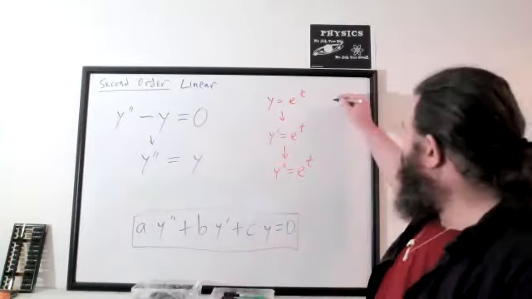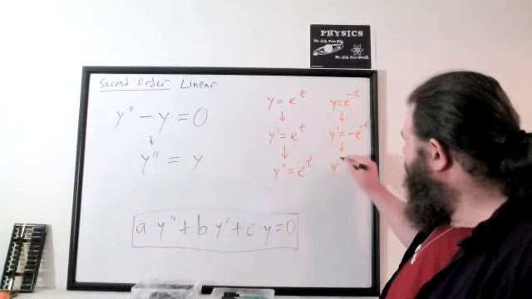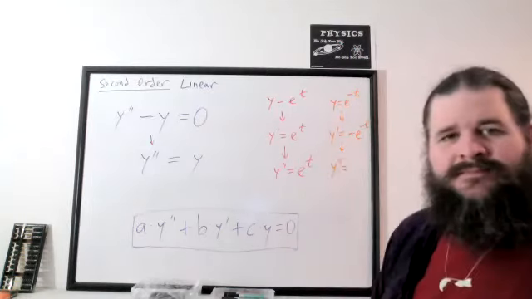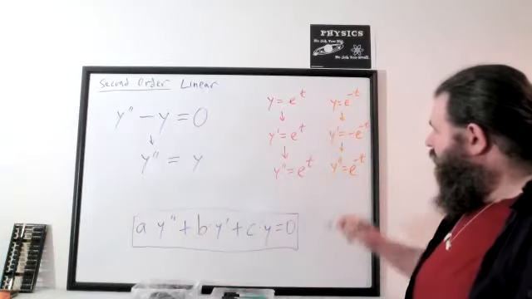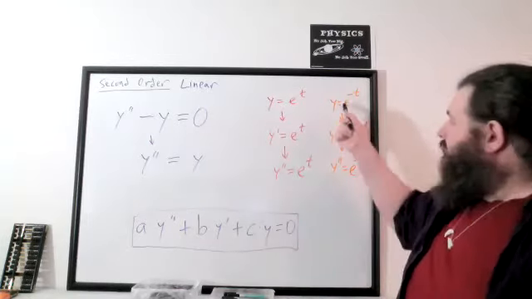If y is e to the negative t, what's the first derivative? Negative e to the negative t. Yeah, which is different. But then when we take the derivative again, what happens? It becomes e to the negative t. Yeah, the extra negative from the chain rule cancels out the negative that was already there. So this also works. E to the negative t is a solution. E to the t is also a solution.